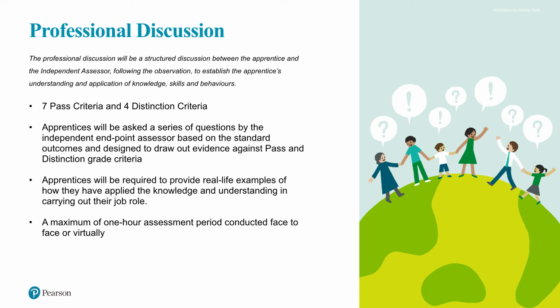So the endpoint assessor will have those questions. If the professional discussion covers those questions as they go, they obviously won't go back to the ones that are already completed, but it's there almost as an assessor reference document to ensure that the apprentice has the ability to demonstrate the evidence they need to, and that all apprentices have that same ability to do so.